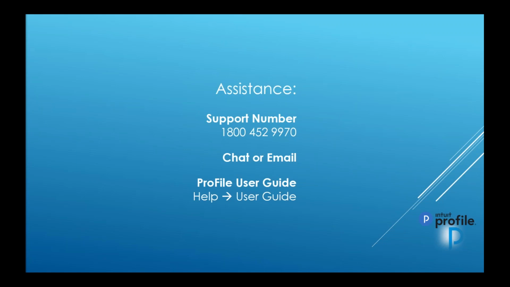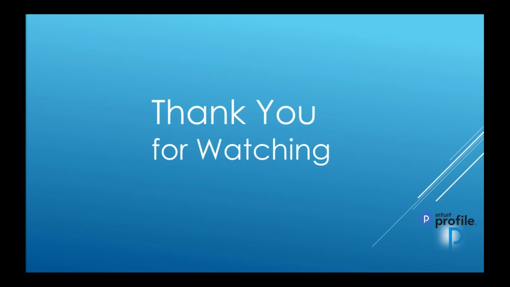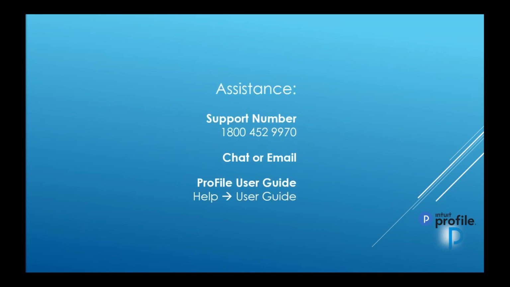If you ever need assistance with anything, if you are a new user and you haven't seen or used our support line, you can call us at 1-800-452-9970. You can also chat with us or send us an email. And there's a great guide within the software. You can also find it on the website.